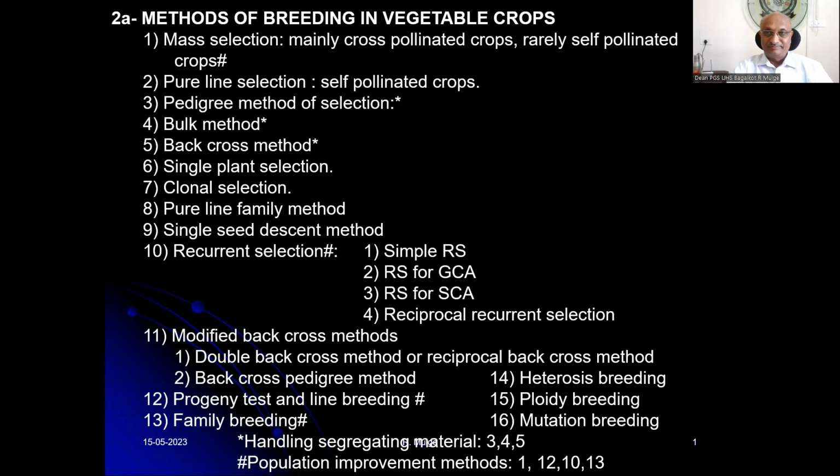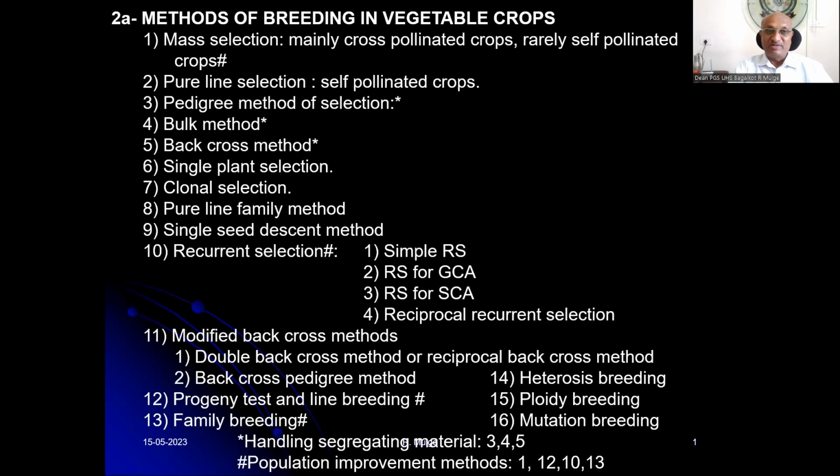Then clonal selection. Of course, this is the method for asexually propagated crops. Some clones, you have to use a mixture of clones. Several clones you have to test, and the good clone you are going to release as a variety: clonal selection. Then the pure line family method is there. Again, you have certain modifications like your pure line method.